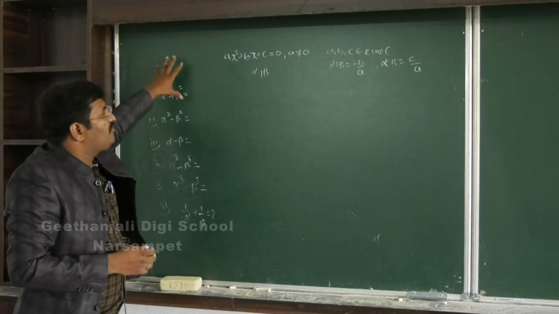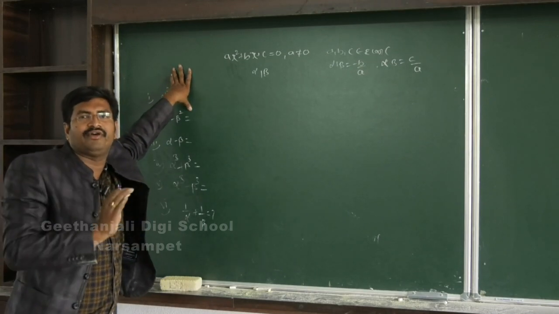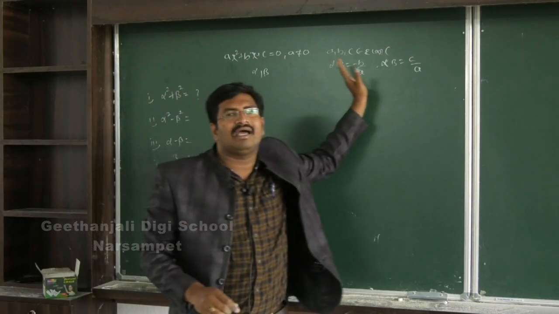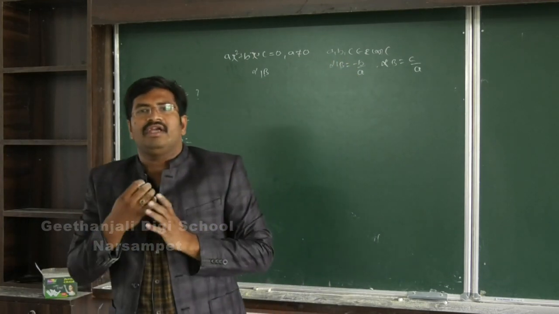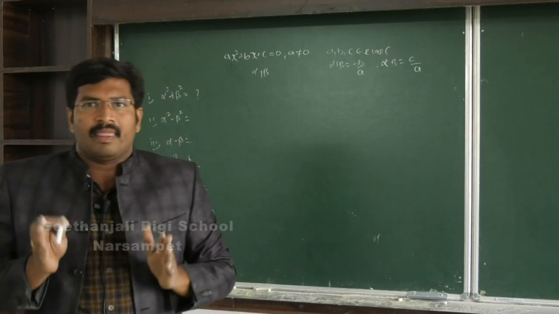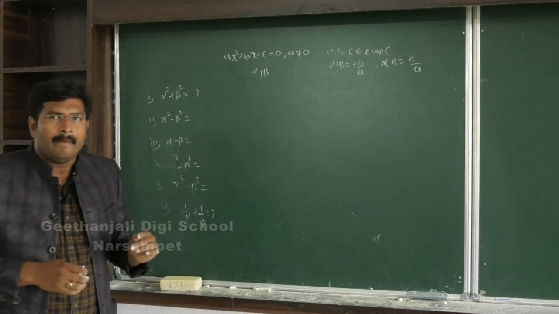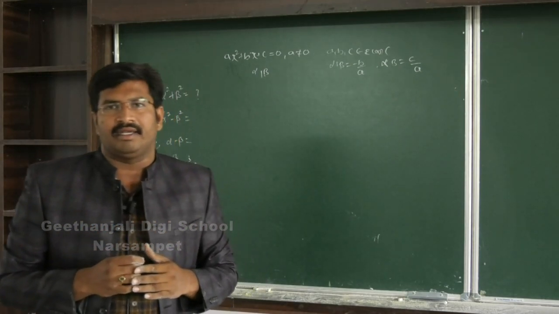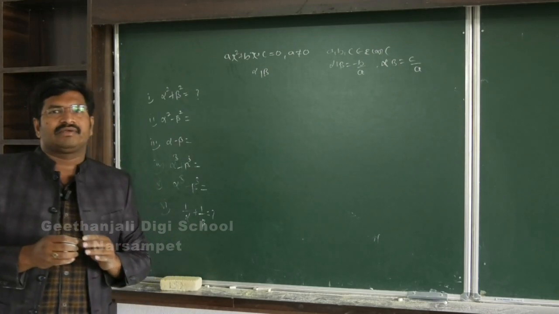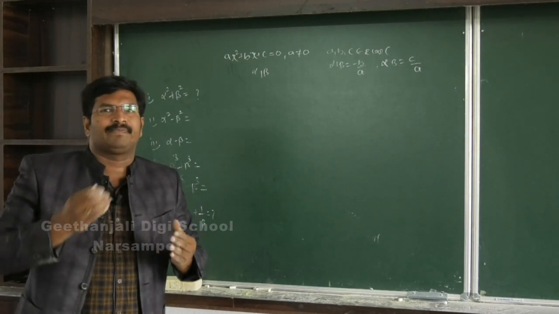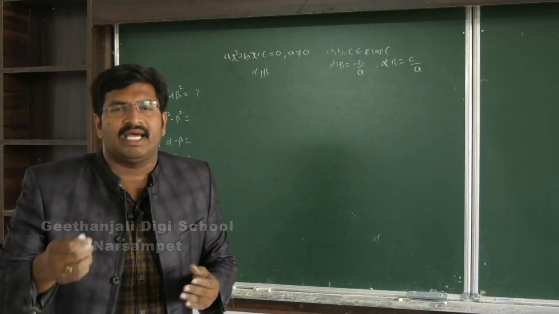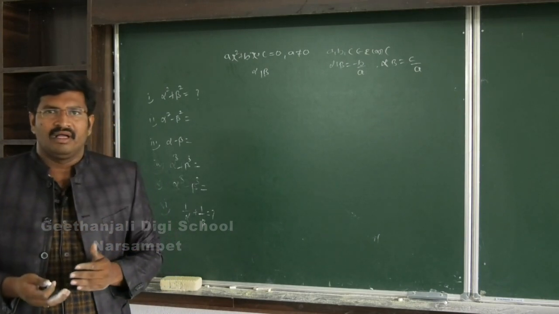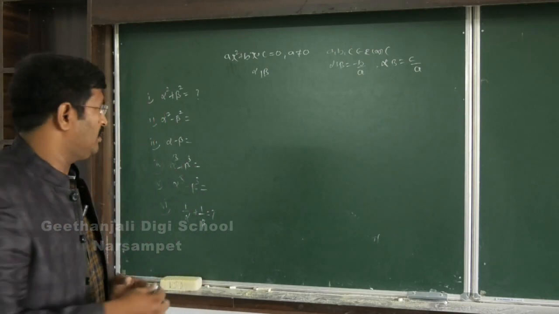We will see how to find the value of alpha square plus beta square. You know the value of alpha plus beta and alpha beta. How to find alpha square plus beta square? By using algebraic identities, you have to express alpha square plus beta square in terms of alpha plus beta and alpha beta.